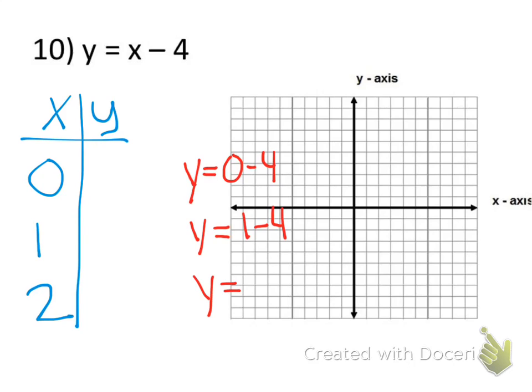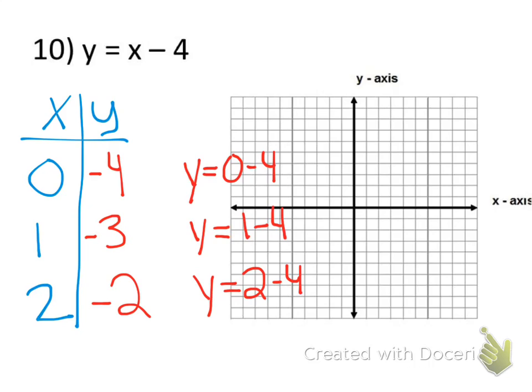And y equals 2 minus 4. What is 0 minus 4? Negative 4. What is 1 minus 4? What is 2 minus 4?